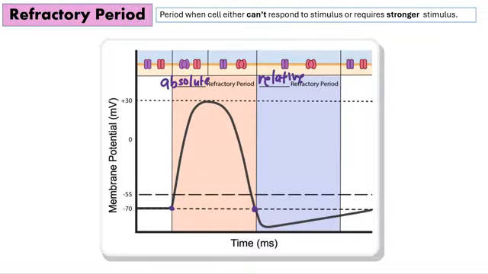You have the boundaries for those two there. Now, the absolute refractory period ends, and then, of course, you start the relative refractory period. The relative refractory period is going to begin when, again, those sodium voltage-gated channels are inactivated or in a resting state, and some of our potassium channels are still open.